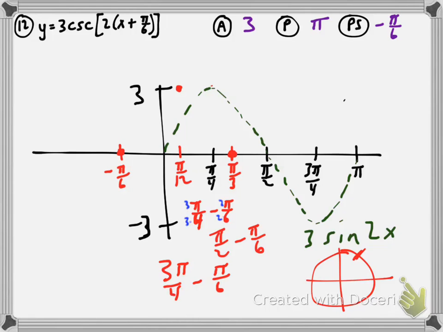We get a common denominator of 12, so we have 9 pi over 12 minus 2 pi over 12, and 9 minus 2 is 7, so we get 7 pi over 12. And where does that go? 7 pi over 12 goes there.